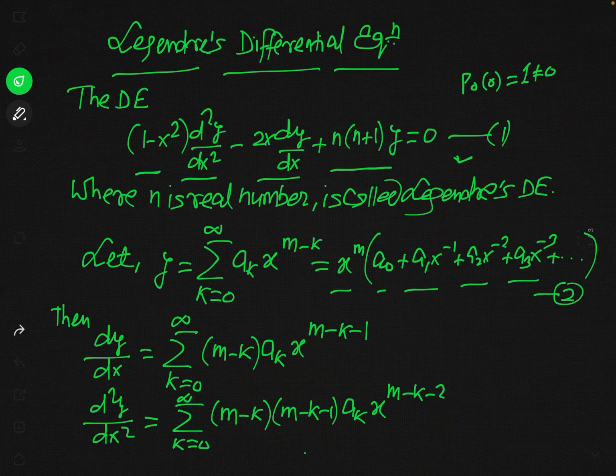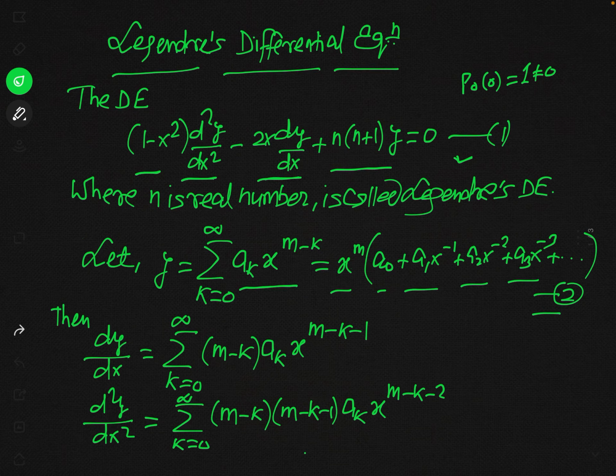This is a series in descending power of x, and in compact form you can write y equal to summation k from 0 to infinity ak x to the power m minus k. Now, to get the solution of this equation, first of all we find these derivatives, dy by dx and d2y by dx square.